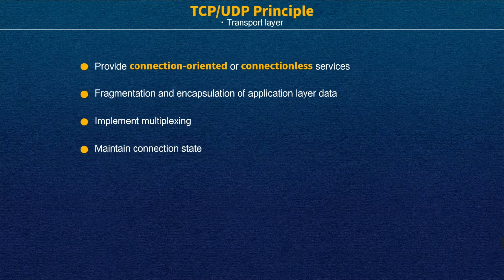And if you choose a reliable protocol, for example TCP, we can provide a reliable connection and data transmission. We have many mechanisms to provide the reliable service, such as maintaining the connection status, reliable data transmission, and flow control.